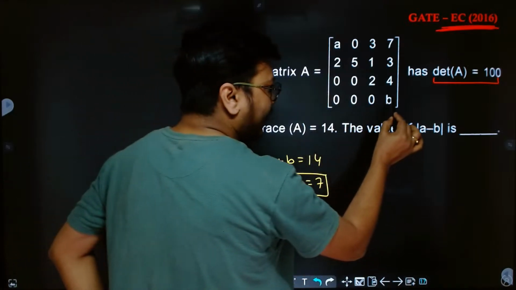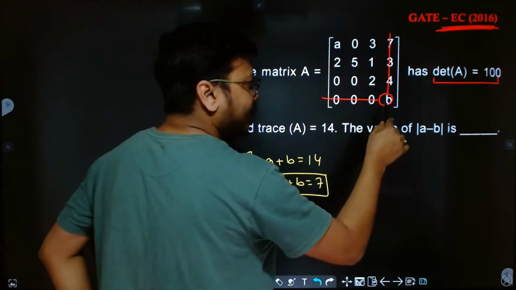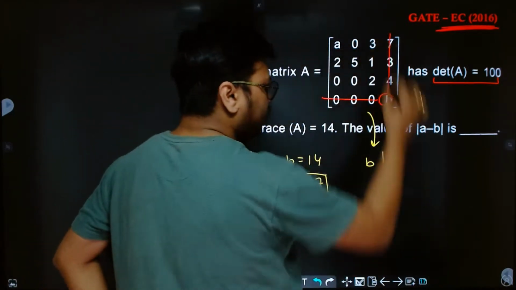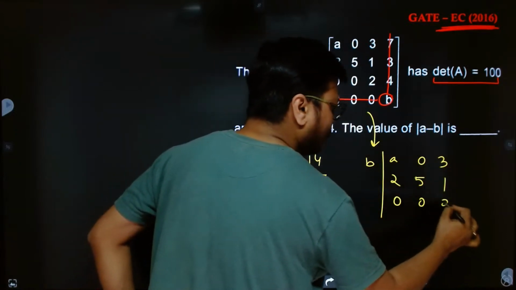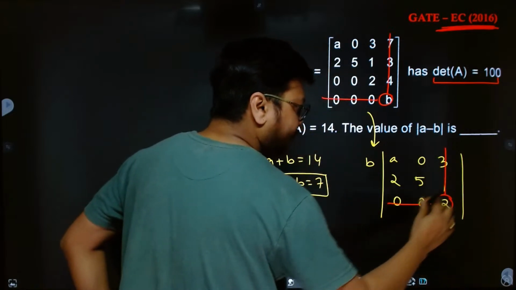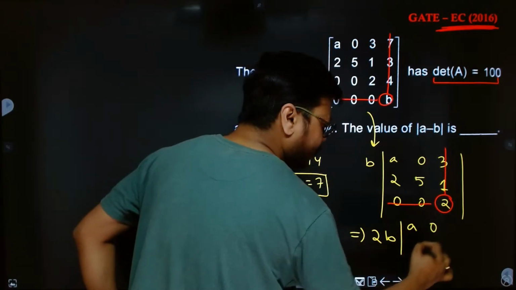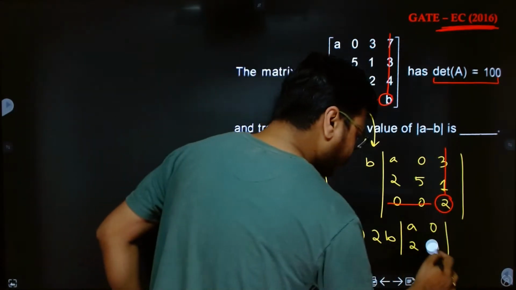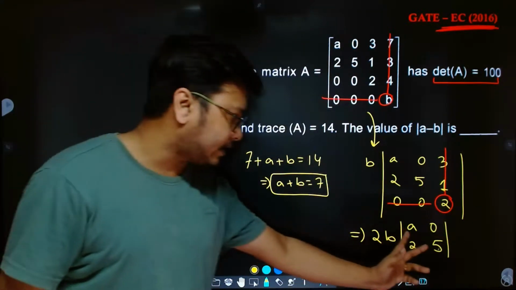If you expand along the last row, you basically get just the value B, times the minor. Again, if you expand along this 2, then 2B times the determinant with rows A, 0, 2, 5. Breaking this determinant, you get 5A.